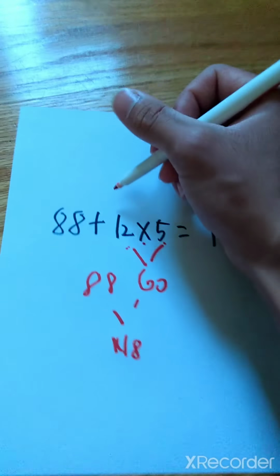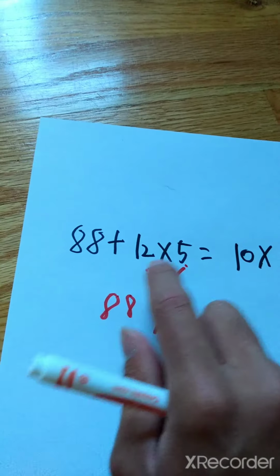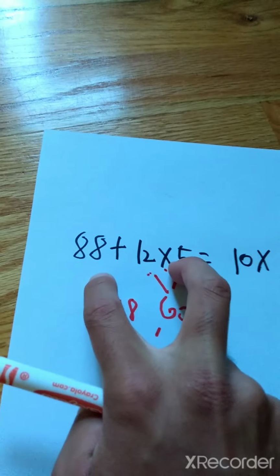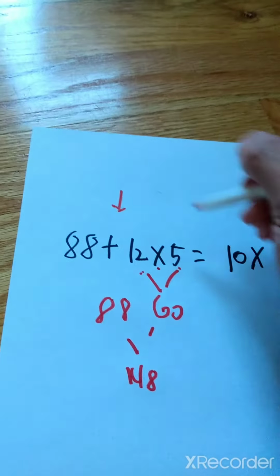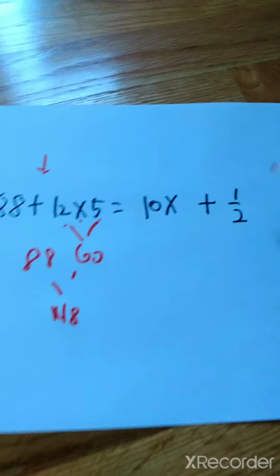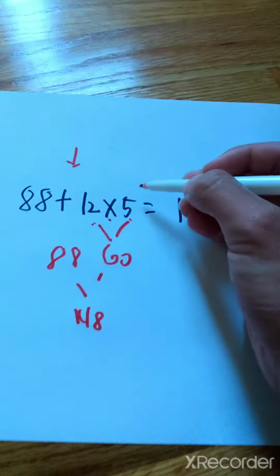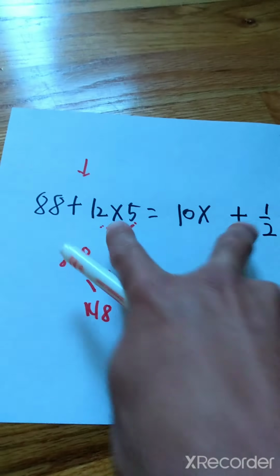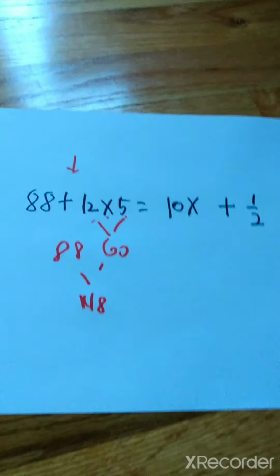If there are numbers, like combined like terms, if there are numbers like 88, 12, and 5, you can easily combine them because they're on this side of the equal sign. If it's on the other side, like 1/2, you cannot combine that because that's part of this side. The equal sign is actually splitting the two sides from adding and combining each other.